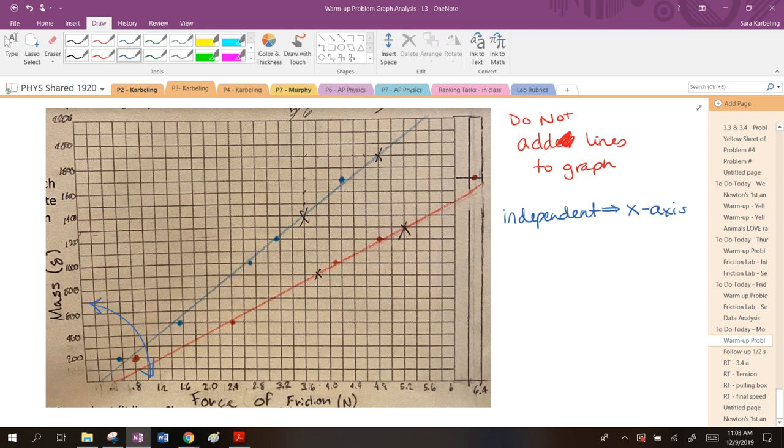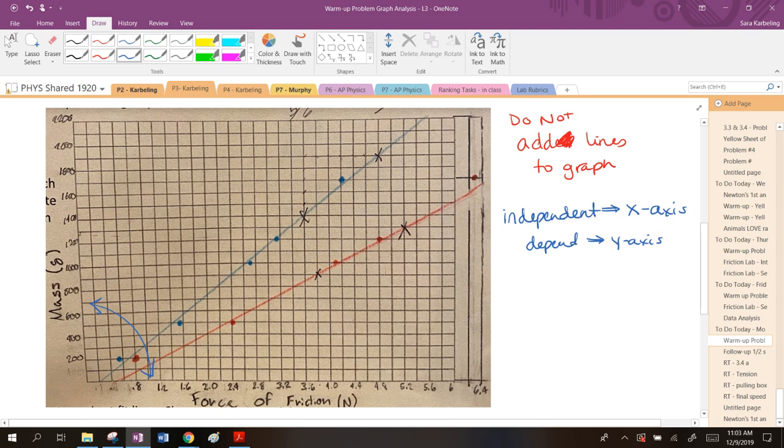But the only reason you would do that is because you have some physics that you're trying to show or that you know what to expect. In this case, we didn't. All we were trying to do was to figure out how does the mass affect the frictional force. That's all we know. So in that case, the independent needs to go on the x-axis and the dependent needs to go on the y-axis. True, true.